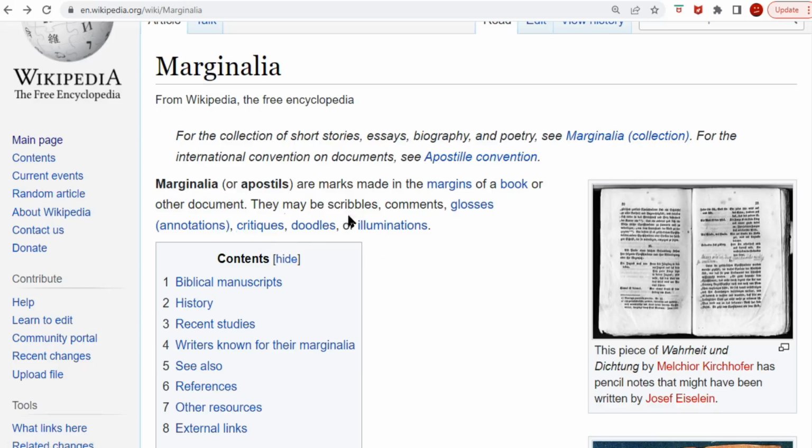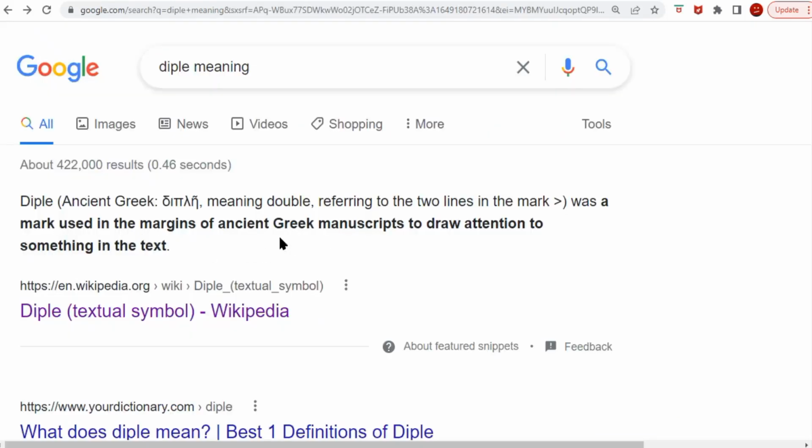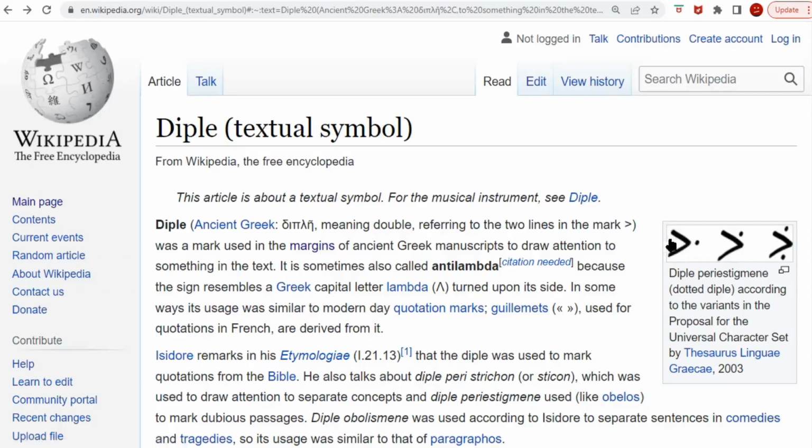They could be scribbles, comments, glosses, annotations, critiques, duels, or illuminations, used in the margins of ancient Greek manuscripts to draw attention to something in the text. It looks like our greater than or less than sign. And so it's letting you know that time has traveled and this value is now greater than. So the number value you're getting out of the word is going to be moved up 1 or 2.